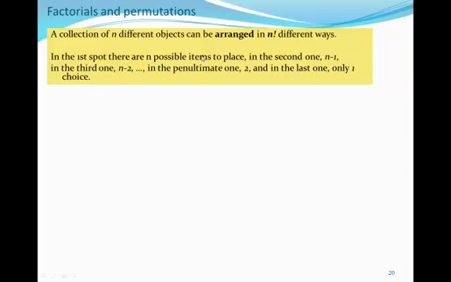Now, factorial and permutations. A collection of n different objects can be arranged in n factorial different ways. In the first spot, there are n possible items to place. The second one will be n minus 1, the third one n minus 2, until the last one has only 1 choice left.